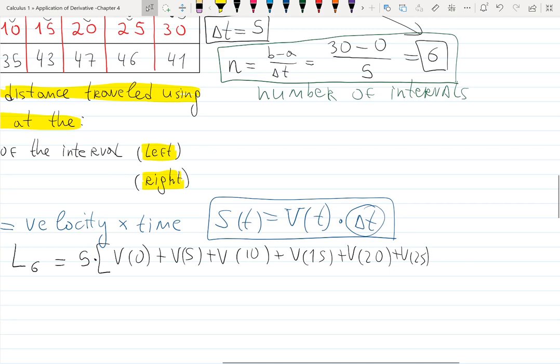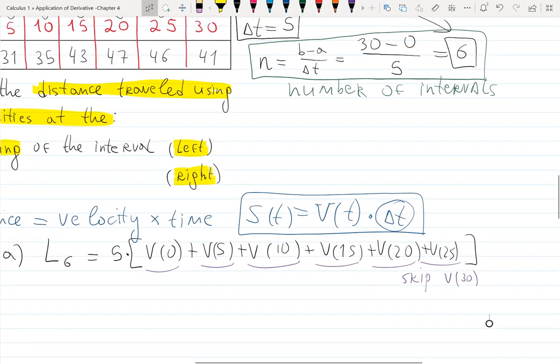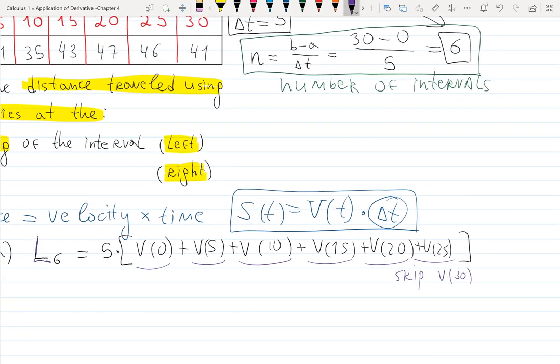And I skip the last one, v at 30. Why? Because I'm supposed to have exactly 6 heights here. So let's check: 1, 2, 3, 4, 5, 6. That's how I know I have to skip the last one, because we're using left endpoints.